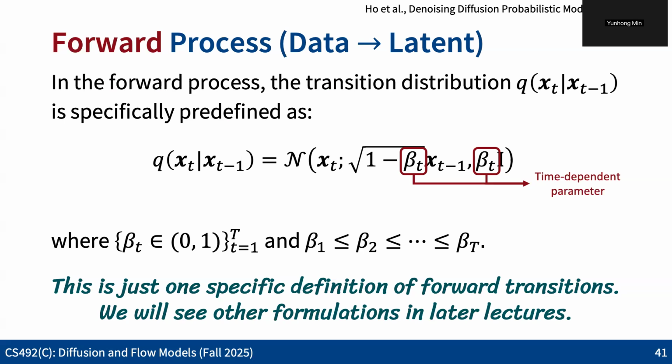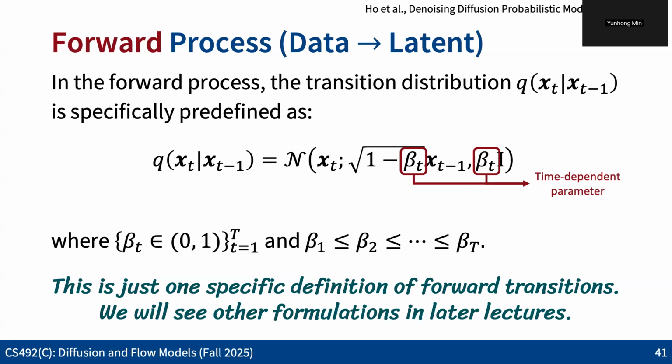So when beta t is zero, it's not the standard Gaussian distribution. It's basically a Dirac delta distribution, in a way that the sample of xt should be the same as xt minus 1, right?